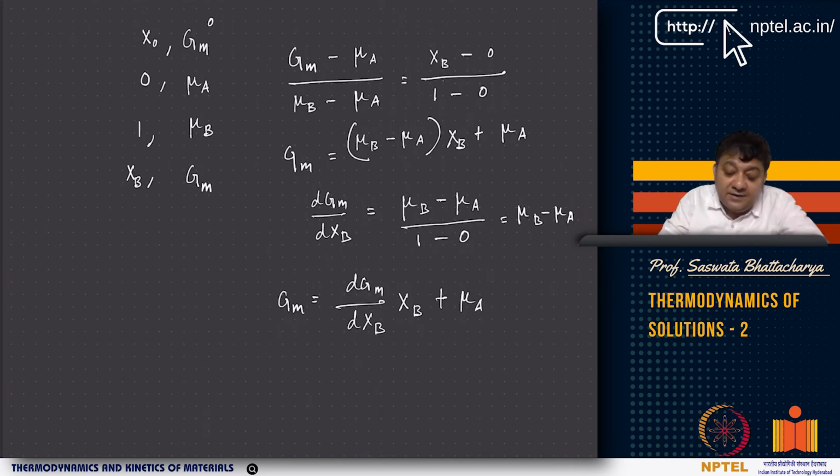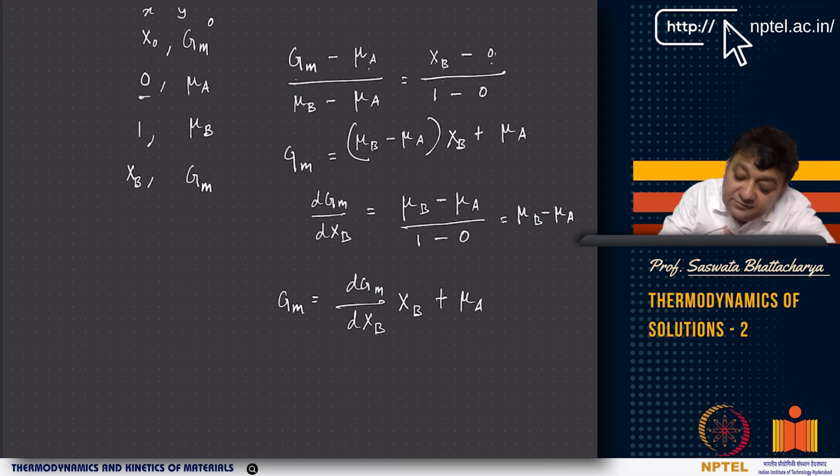Now you have 0, mu a. This is like your xy coordinates. So if x is x0, then the energy is Gm0. If it is 0, then it's mu a; at 1, mu b; at xb, Gm. So it is (y minus y1) by (y2 minus y1) equals (x minus x1) by (x2 minus x1). When it is Gm, then it is xb, and when it is mu a, the value of x is 0.